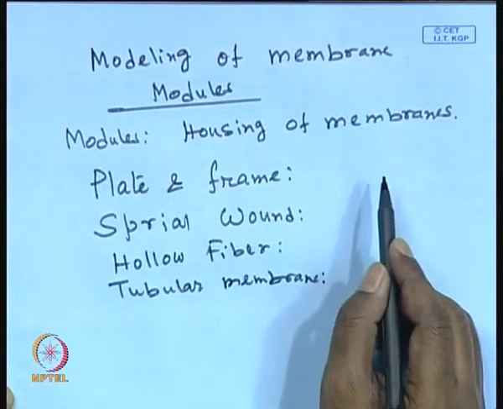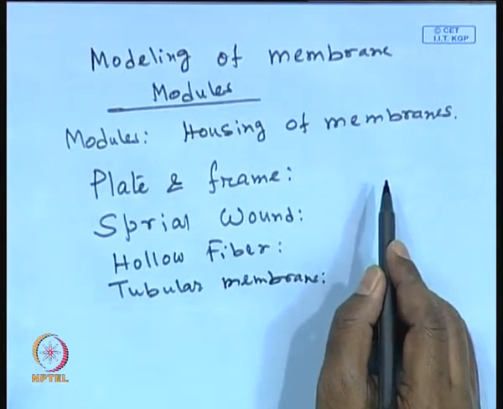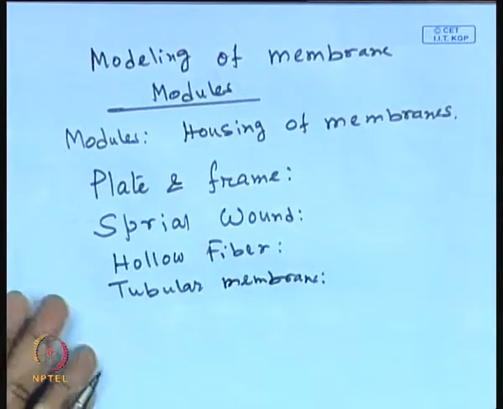Now, in case of plate and frame module, there are 2 parallel plates, and these plates are corrugated plates, and you place a membrane on the bottom surface, you place a membrane on the top surface, and then the 2 flanges are tightened. So, you will be getting 2 surfaces, and when the feed is entering at a high pressure, the permeate will be coming out from both the sides.